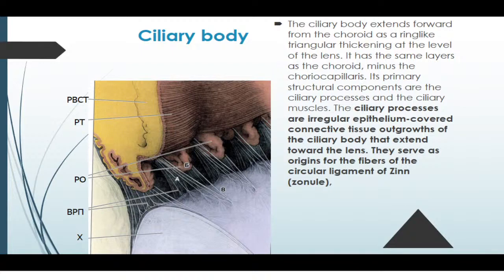They serve as a region of attachment for the fibers of the suspensory ligament, or zonule. You have seen it like a tendon, but originally it is named the zonule. So outermost is the epithelium lining, inside is muscle, but at the outside it is joined with the zonule.